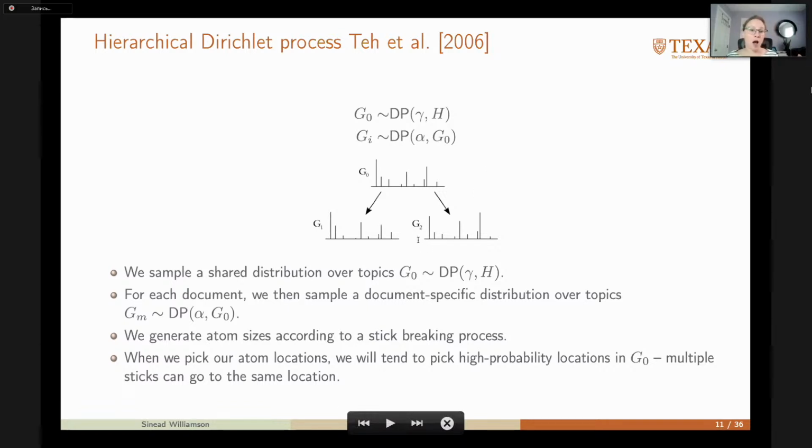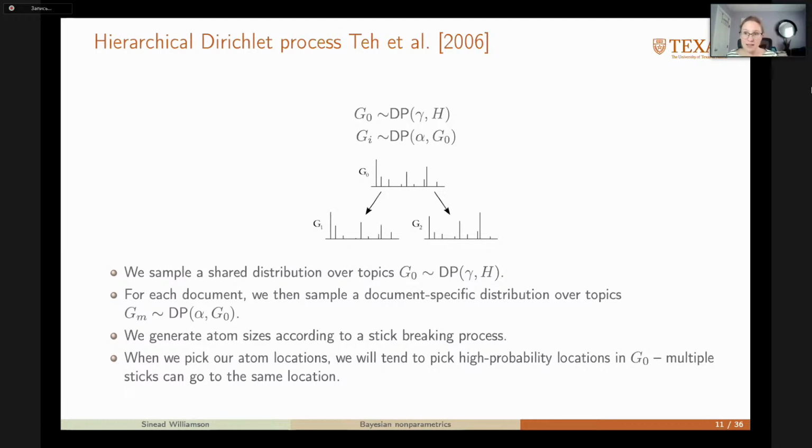Because each time we have a break in our stick and we're sampling a location, we're more likely to obtain these high probability topics than the low probability ones. So now we have something that we can work with.